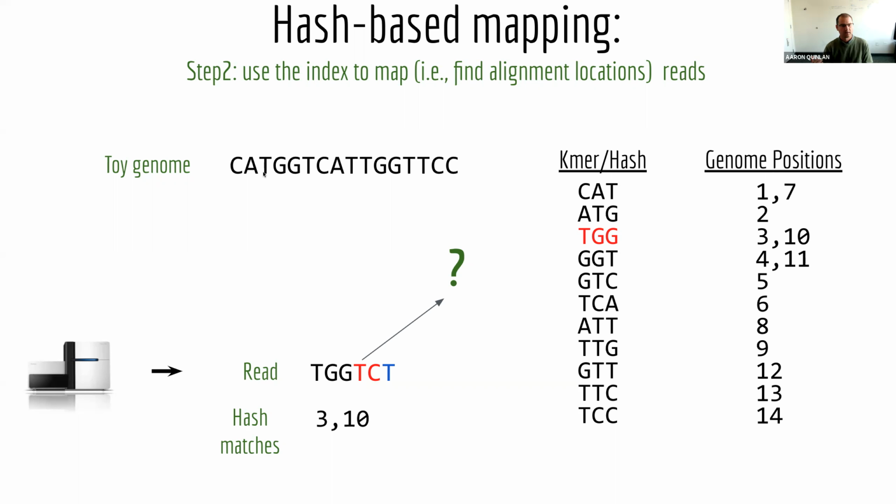So if we were thinking about the ranking of these, we would rank the alignment starting at position 3 as more confident of the true location of this DNA sequence in the reference genome than the second alignment starting at position 10. Does that make sense? Okay.